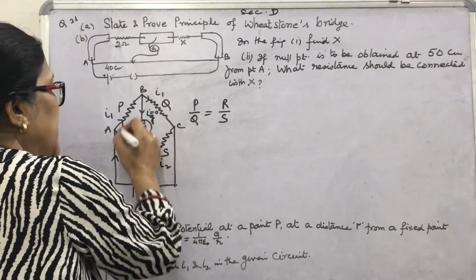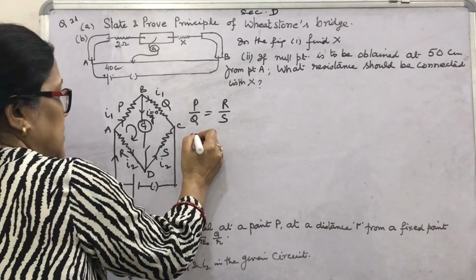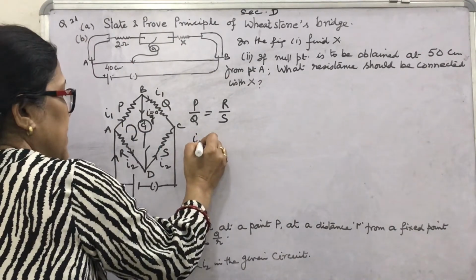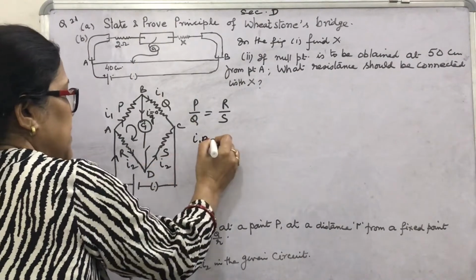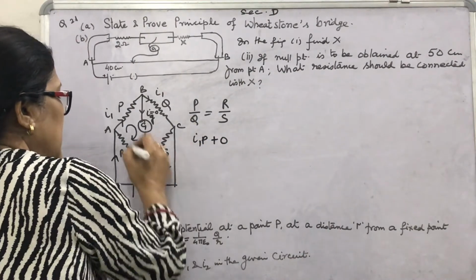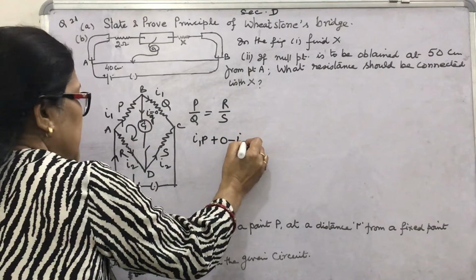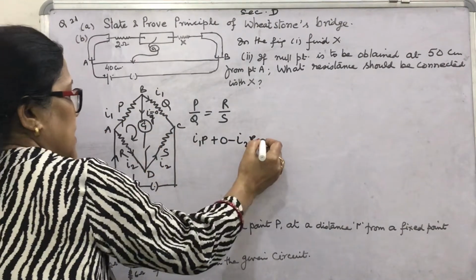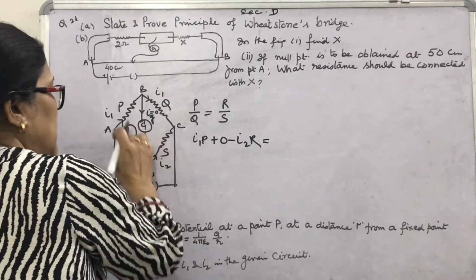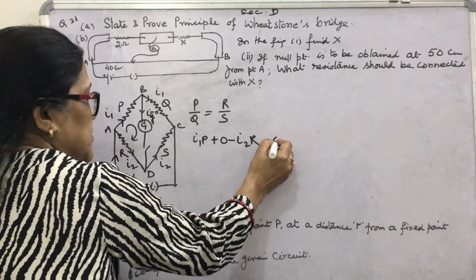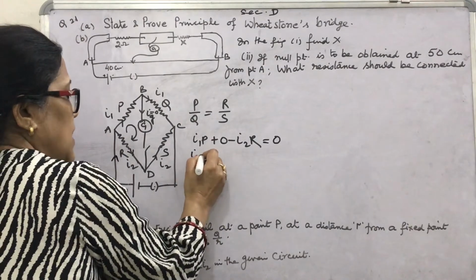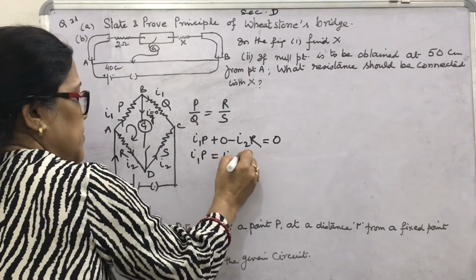How will you find the loop equation? Look here, this I1 into P you can write. There is no current through the galvanometer. Then here this is minus I2 into R. And there is no EMF in this loop, no source of EMF, so it is equal to 0. It means I1P equals I2R.